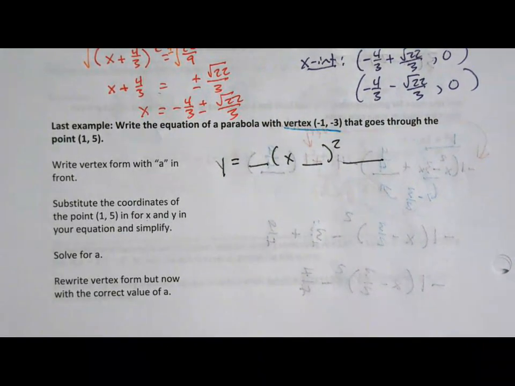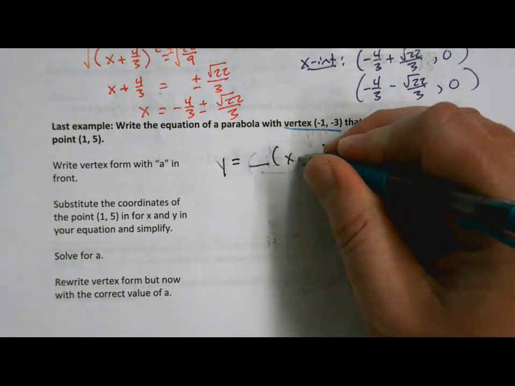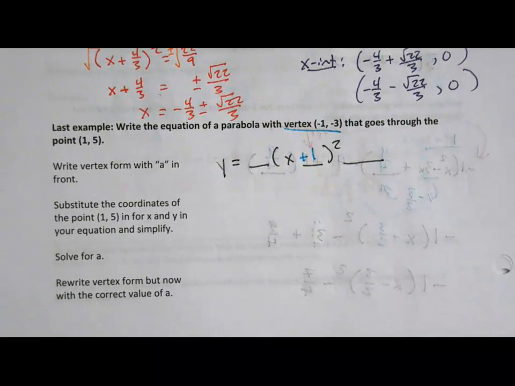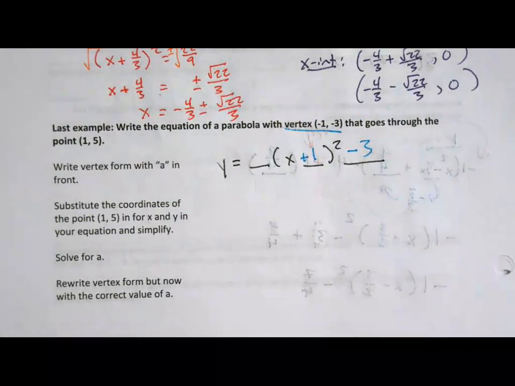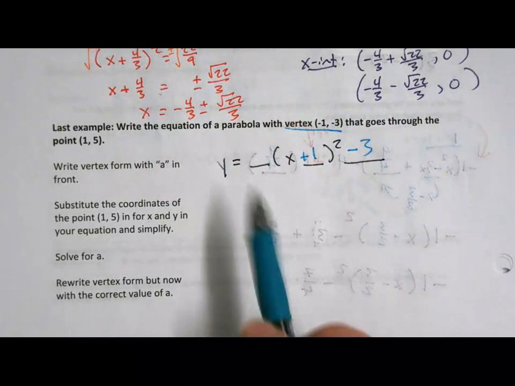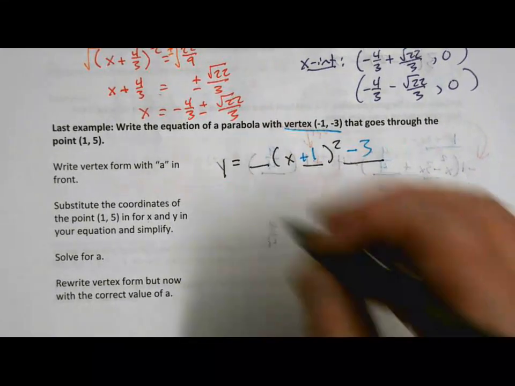And that point, (-1, -3), gives us most of what we need to complete this. If the x-coordinate is -1, we know we're going to have an x plus 1 in here. If the y-coordinate is -3, we know we're going to have a -3 out here. The only thing that I'm missing is the coefficient that goes in front of the parentheses. I just need to figure out what a is.